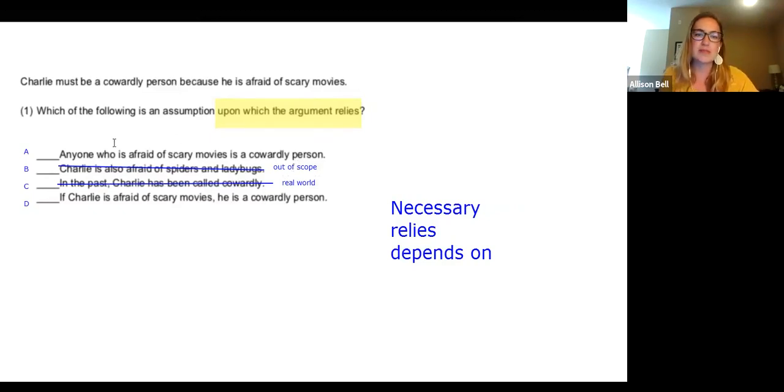So what's the main difference between answer choice A and D? They both look good to me because I see scary movies, I see cowardly person. See James saying A is too strong. What's the language difference? Like if you're looking at the wording between A and D, what's the major difference in wording?